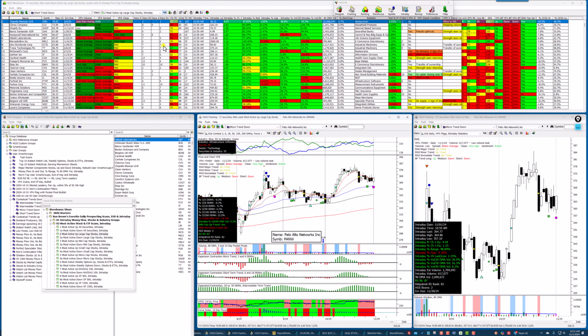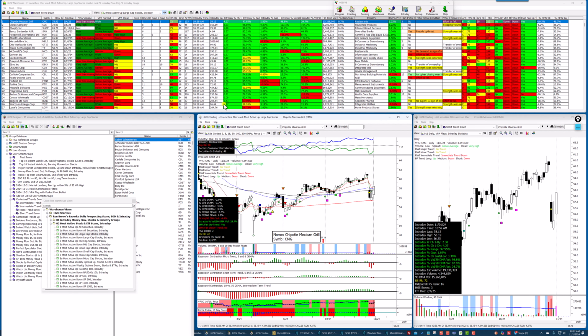So let's take a look at Chipotle. But they're up today. Remember, I'm most active up. So the 3 is below the 6, and the 6 is below the 18, but the 18 is still above the 50. So it sold off probably while the earnings were back here.